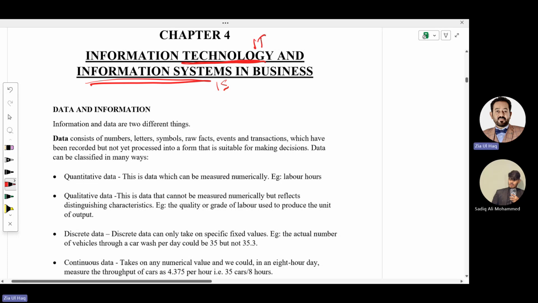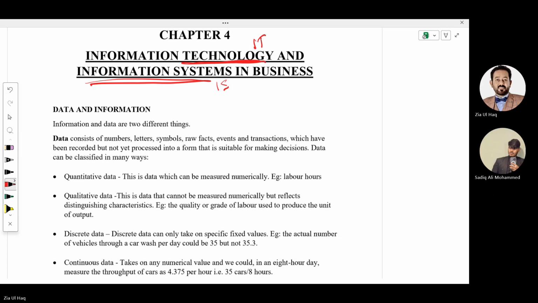What is then information system? Online students and Abia. Is there any difference between IT and IS? Mr. Sadiq, online student. Is there any difference between IT and IS?